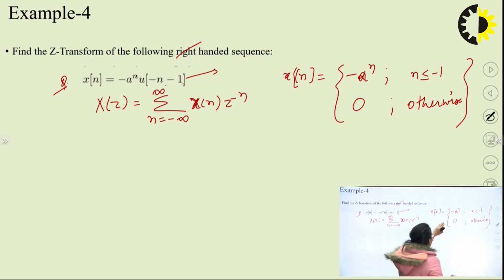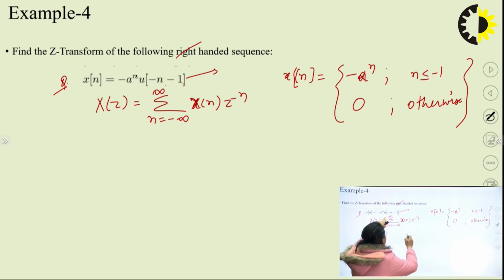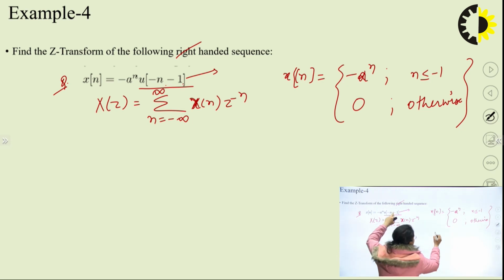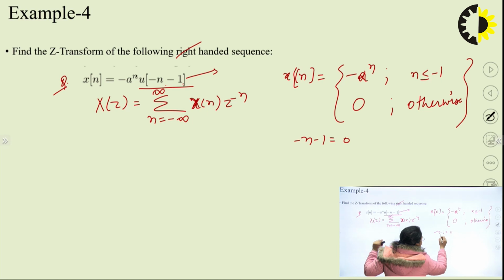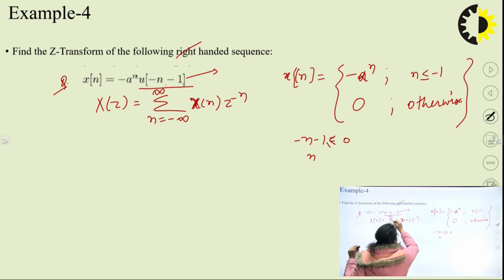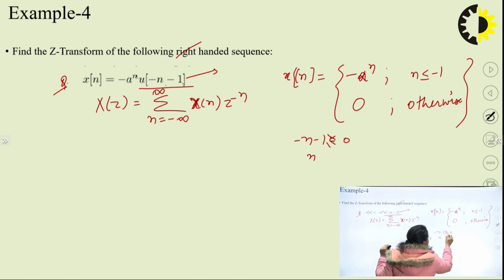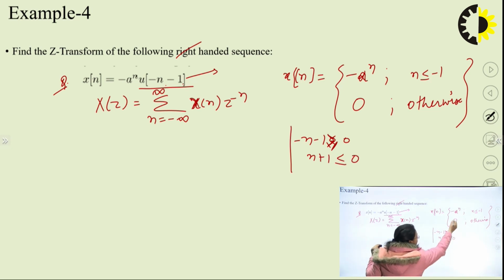Because of this u[-n-1], I can change the limit. If I put -n-1 greater than or equal to 0, then it becomes n less than or equal to -1. I am just telling you how I have derived this.